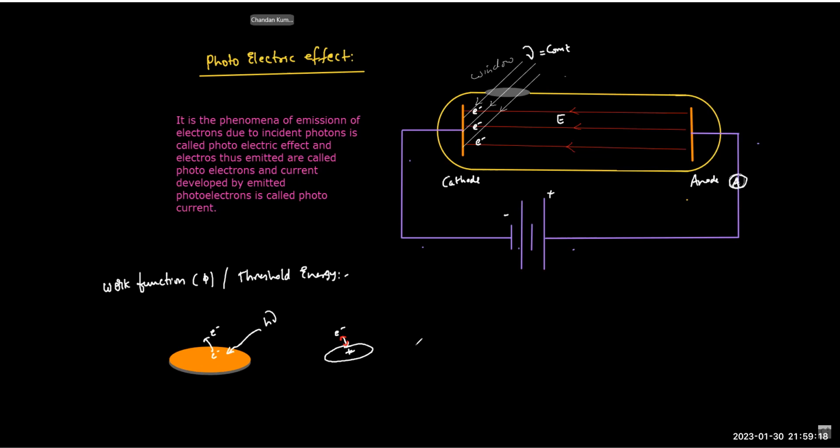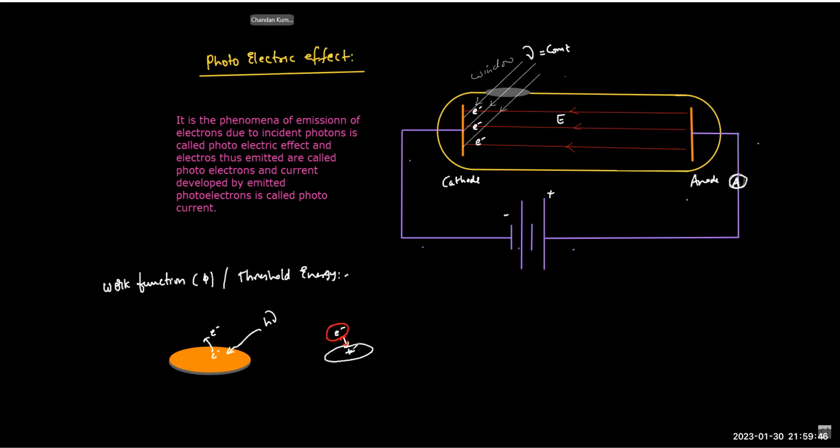Now, to overcome this attractive force, you need sufficient kinetic energy, sufficient energy which lets you go away from this attraction. And this energy, for the most loosely bound electron, we call the work function.